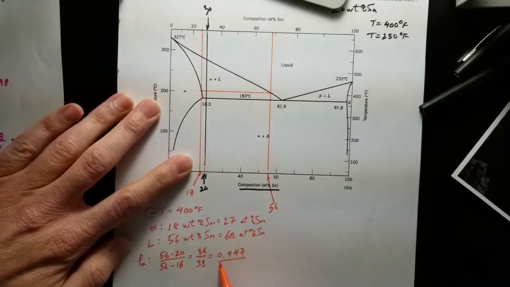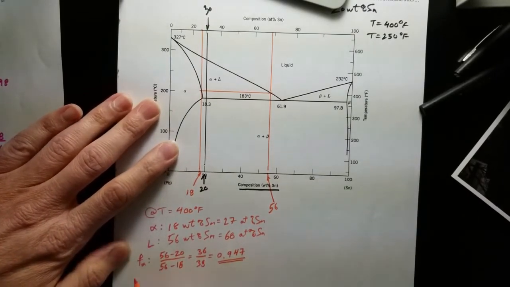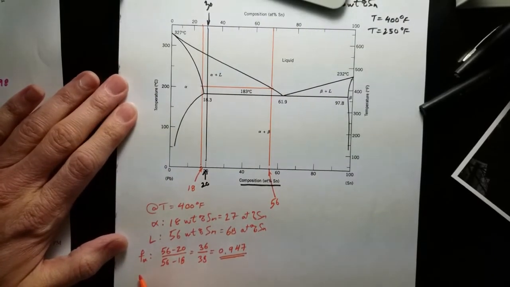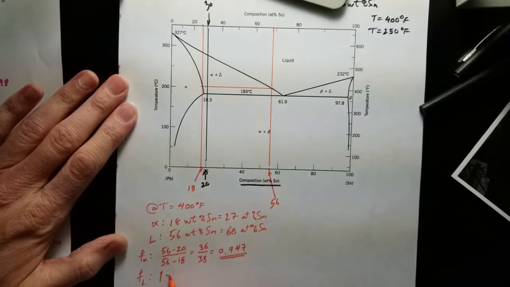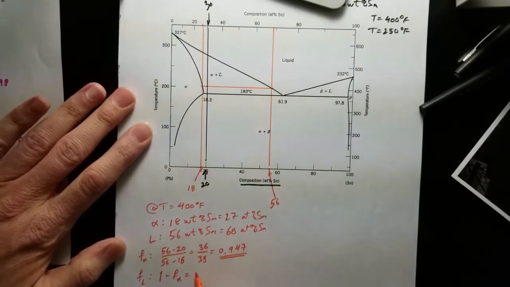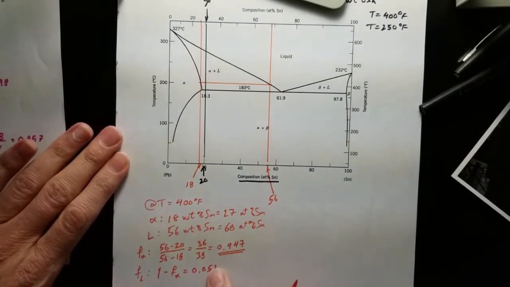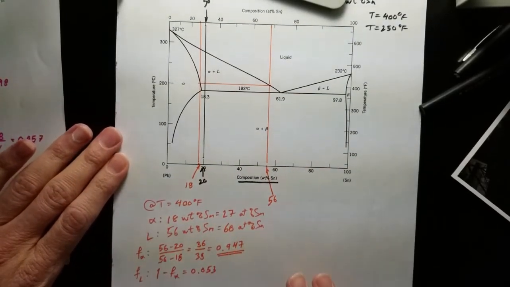So that's the fraction of alpha, and then the fraction of liquid is just 1 minus the fraction of alpha, which is 0.053. So that gives us the phase fraction and the composition.